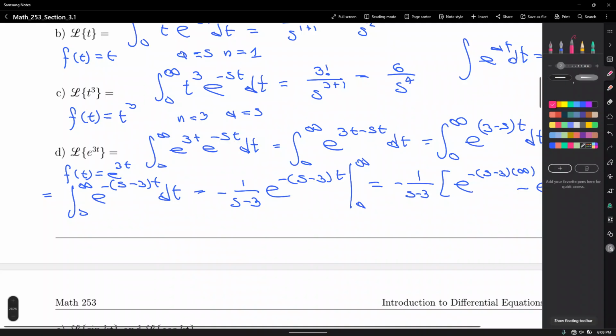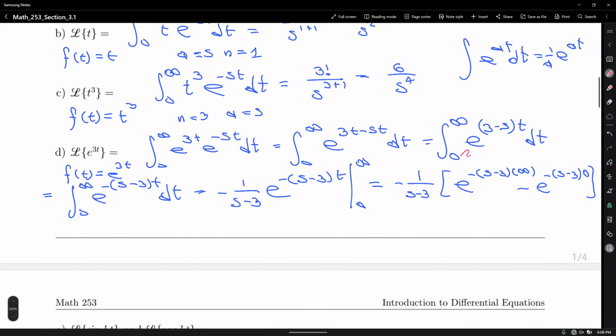Well, where does that term go to? Where does that go to? 0. Where does that go to? 1. E to the 0 equals 1.